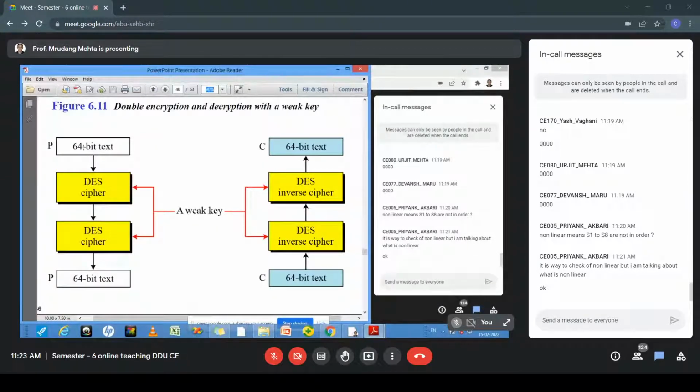You can see that the 64-bit plain text goes through the DES cipher with a weak key. Again, it goes through the DES cipher with the weak key and generates the same plain text. Similarly, at the bottom, the ciphertext goes through the DES inverse cipher with the weak key, two times, and then it generates the same ciphertext, right?